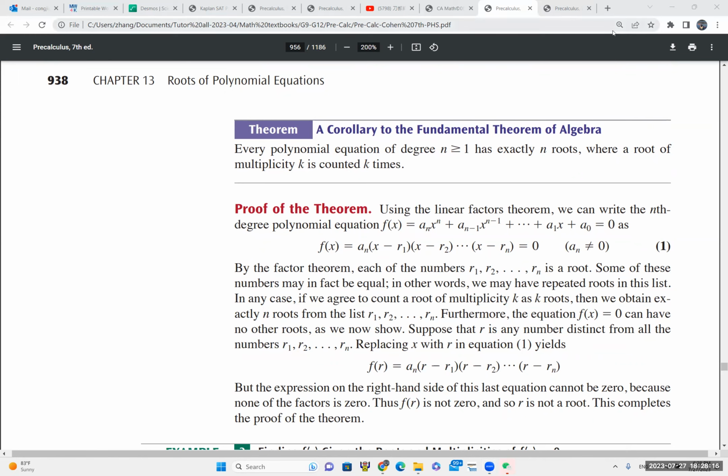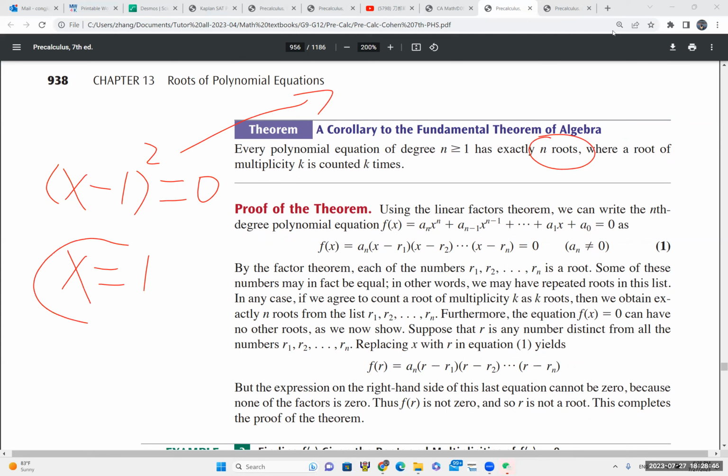So what does this mean? For example, if the equation is x minus 1 squared equal to 0, right? Then we know there is just one solution, x equal to 1. But this is a quadratic. Per this theorem, its degree is n, so suppose there are n roots, right?